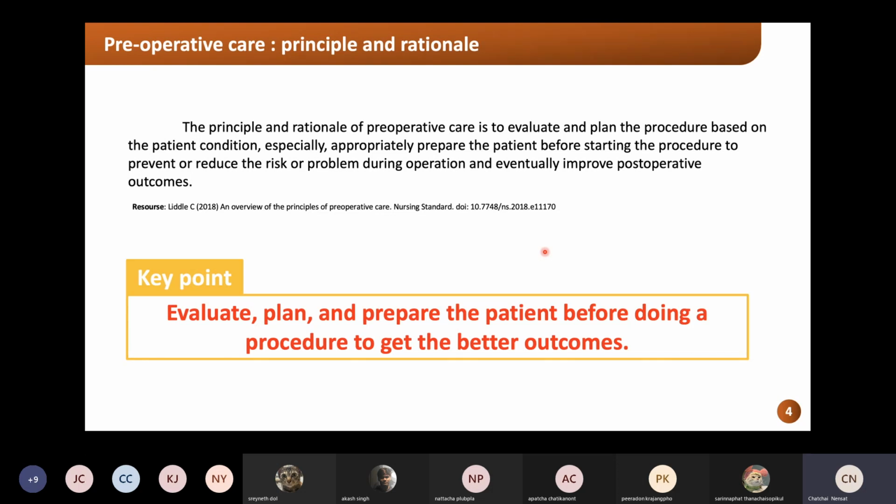So I hope it will improve the post-operative outcome, and give a better outcome to the patient.